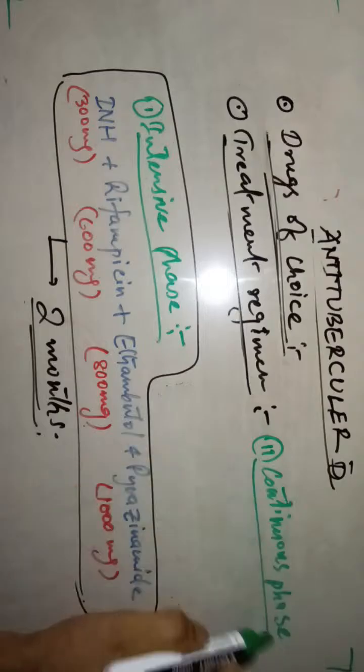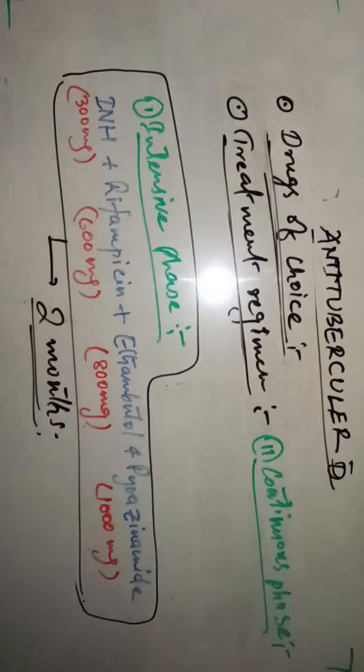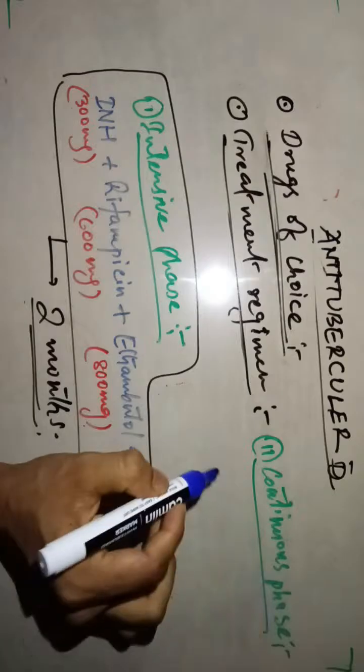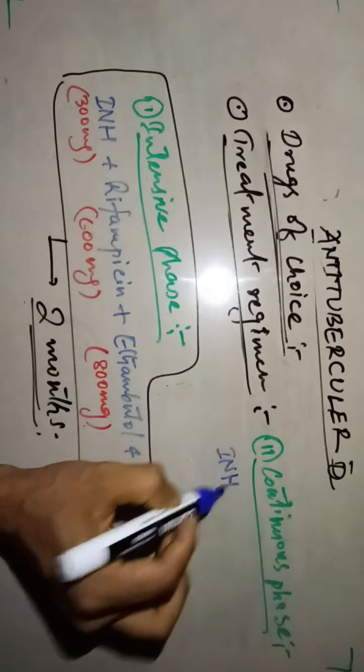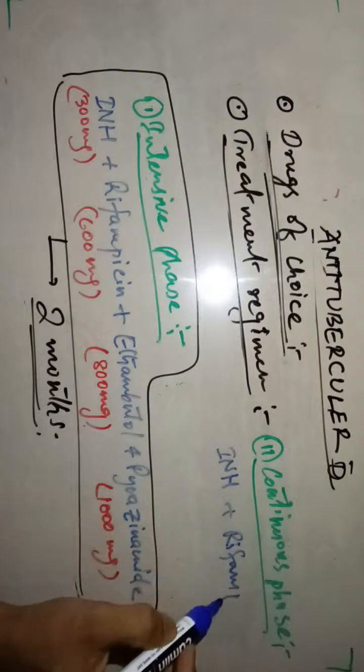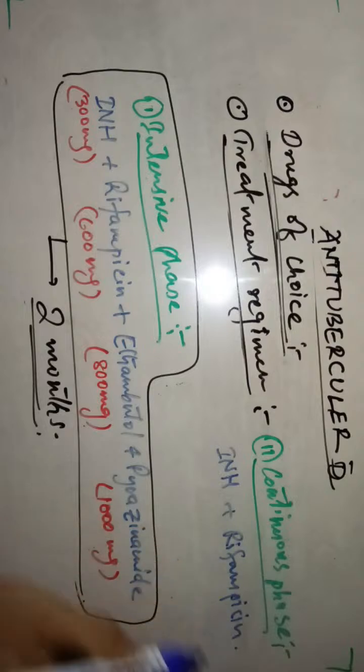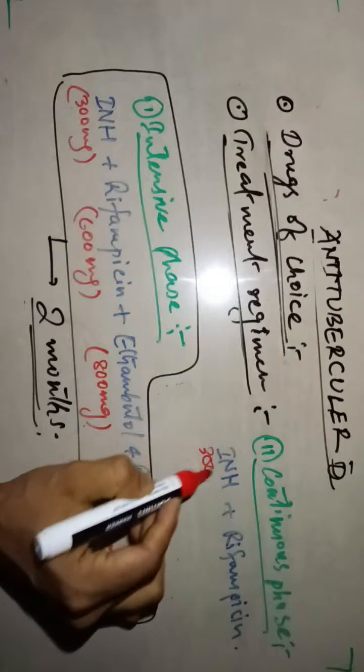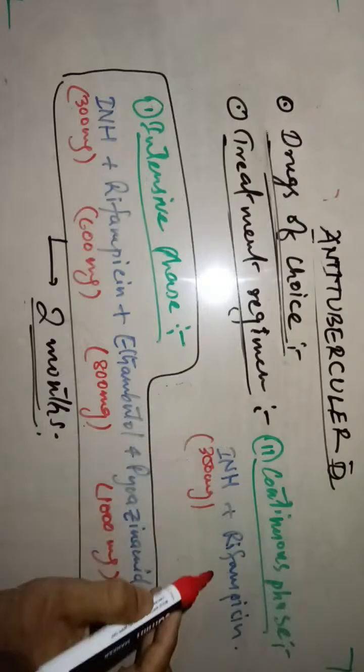In the continuous phase, which drugs will be given? Only isoniazid and rifampicin. This INH will be given 300 mg and rifampicin will be given 600 mg.